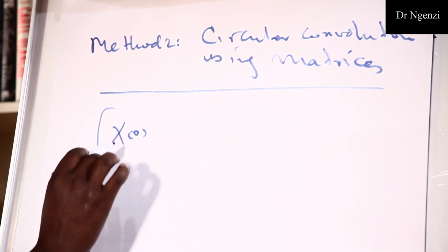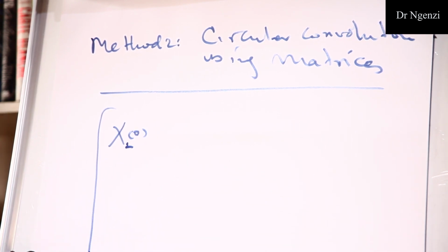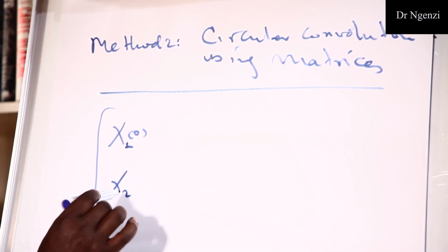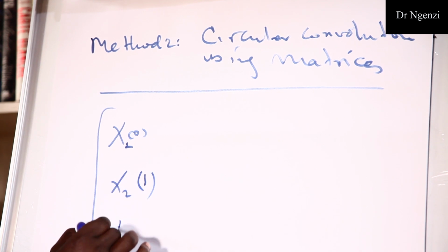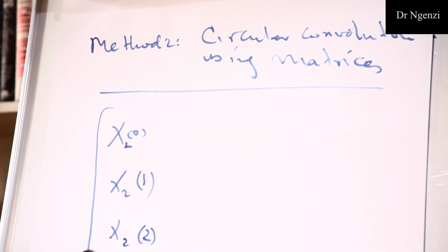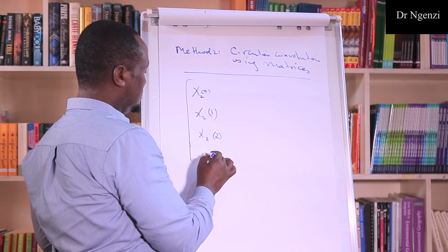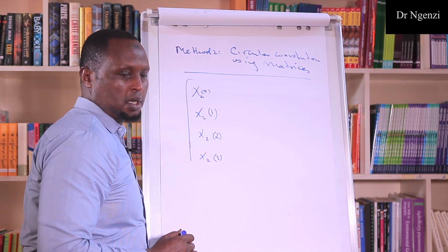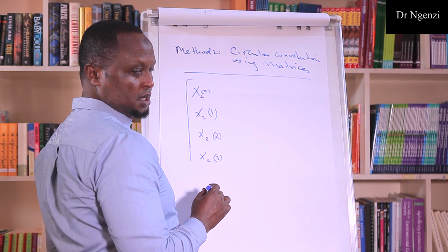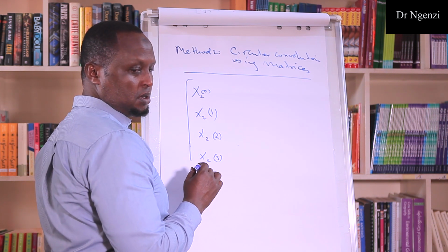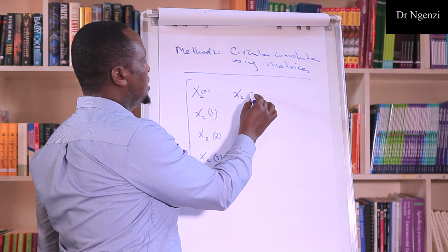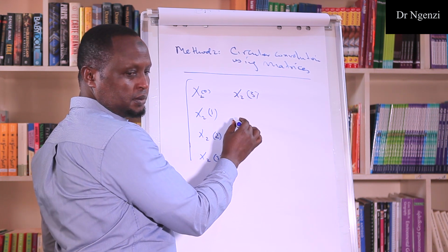In this case, we will have X of 2, 0, X of 2, 3, X of 2, 2, X of 2, 1, and we are using the X2 to compute, for example, X of 3.